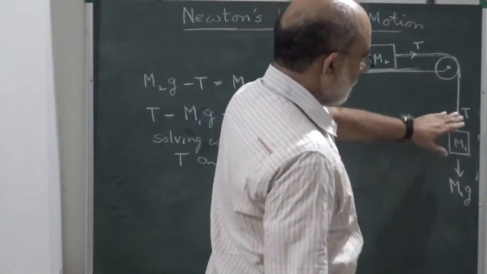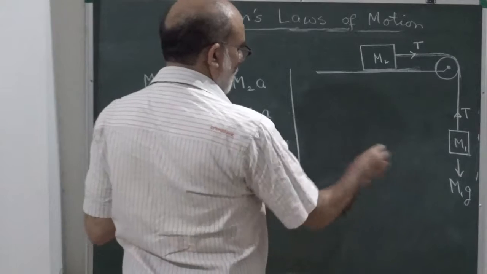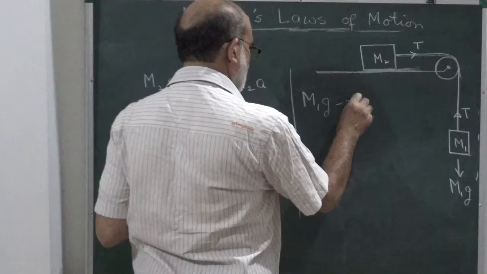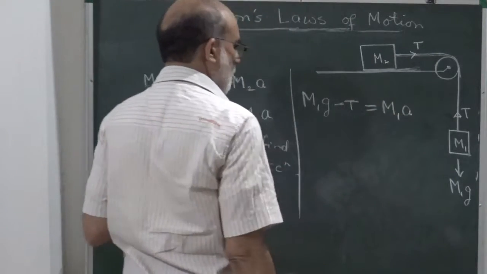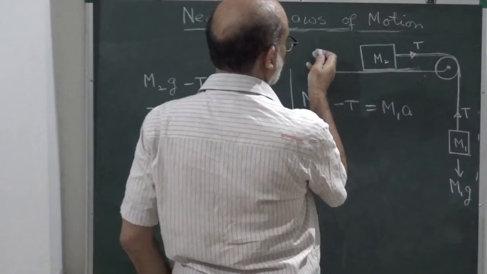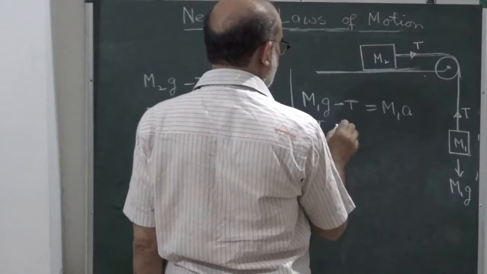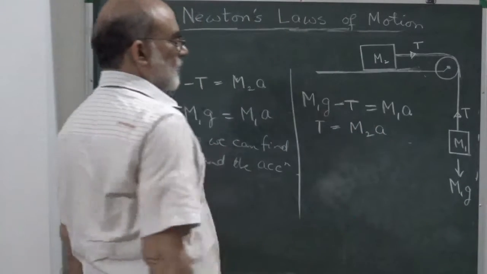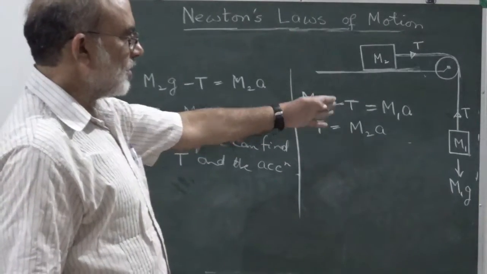So for this block M1 we can write the equation of motion like this: M1G minus T is equal to M1A, and here T is the only horizontal force, there is no external force here, so it will be T is equal to M2A. Then you can solve these equations. Solving them, we will get the tension and acceleration.